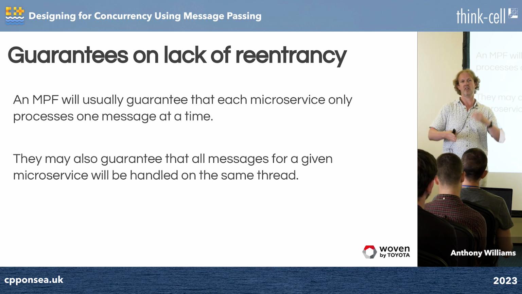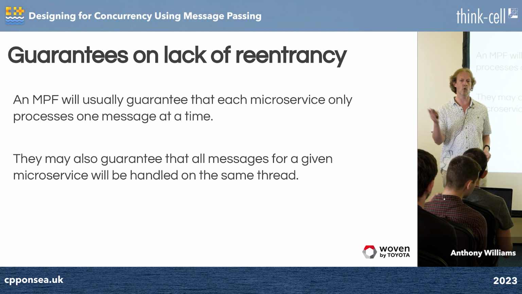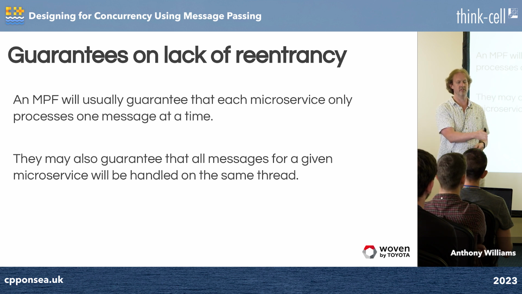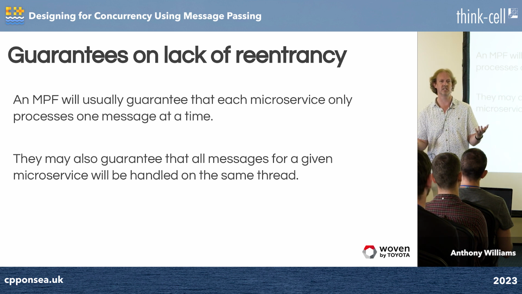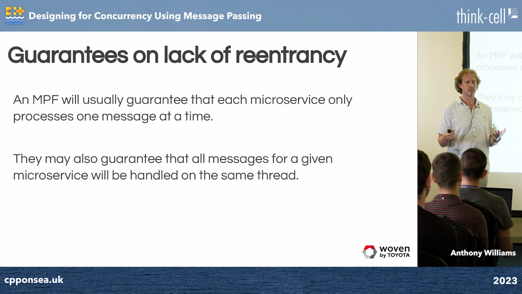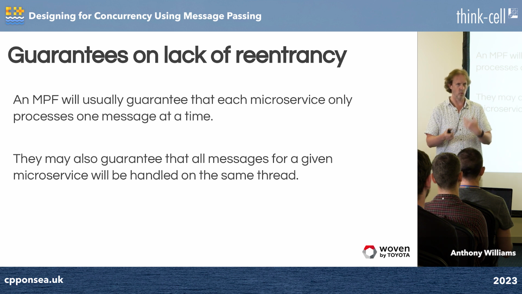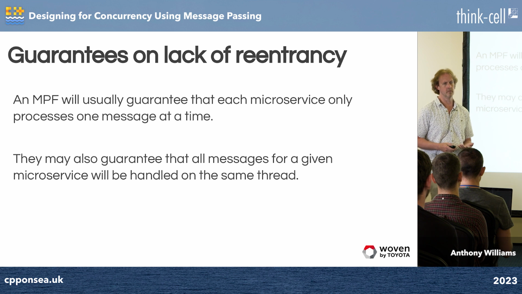Or alternatively, the framework might say, yeah, no, you've got a dedicated thread. All messages for this microservice come on this thread. And obviously that's a framework level decision, but either which way, you get the same guarantee of non-reentrancy, that you're not going to have to worry about your code being called simultaneously on 2 different threads.